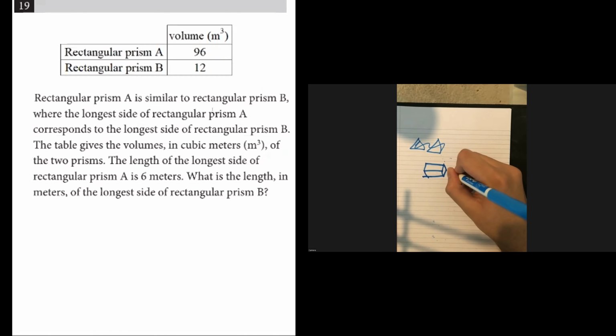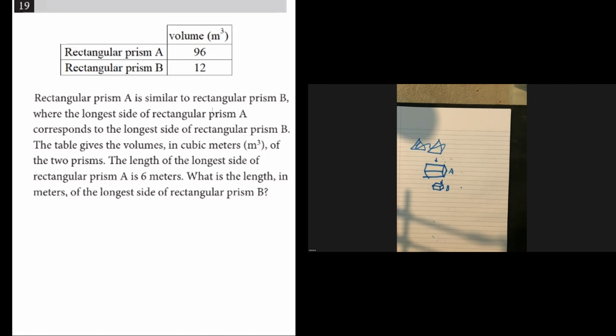So this is prism A, and then this is prism B. And it says the longest side of A, which would be this, corresponds to the longest side of B, which would be that.